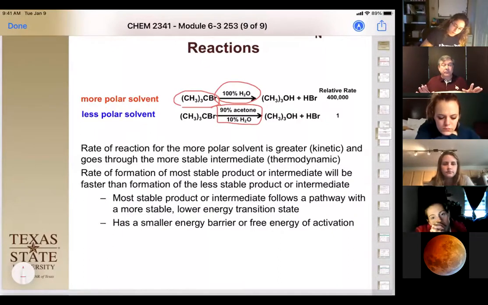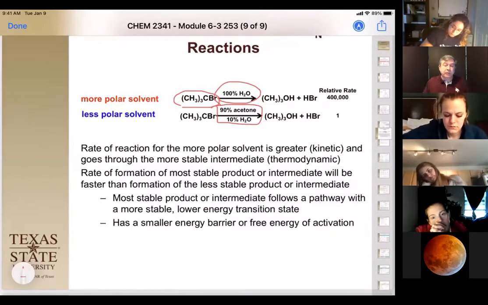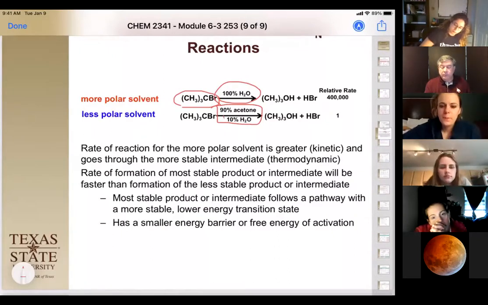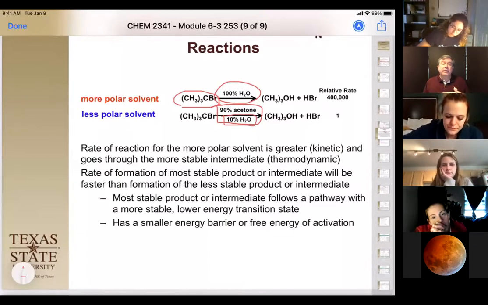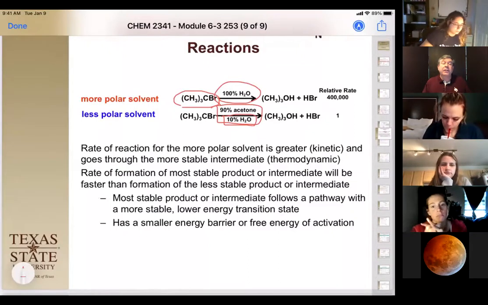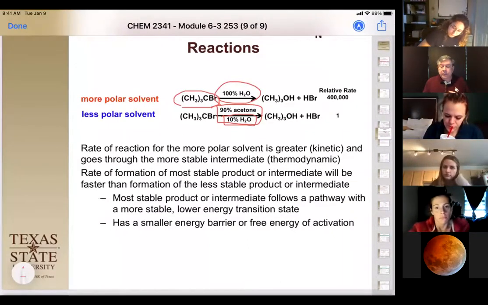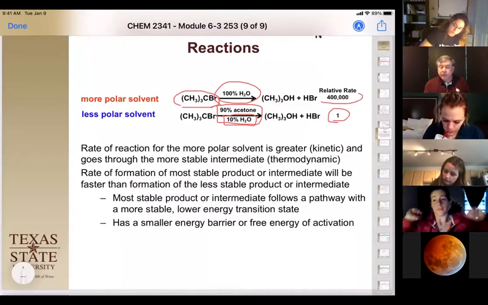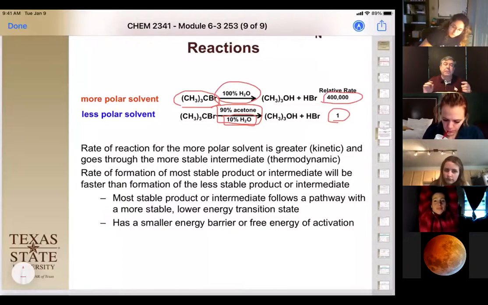Still a polar solvent, but it's less polar than water. We still have to add water because that's our nucleophile right here. But by adding the acetone, we now have mostly dipole-dipole interactions, making it a less polar solvent, and the reactivity drops. Notice the relative reactivity with the acetone is 1. With water in there, it's 400,000 times faster.